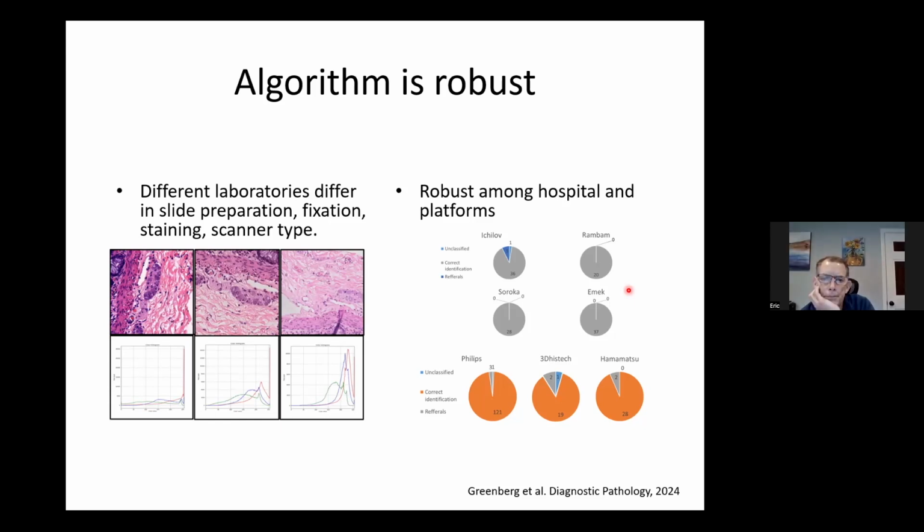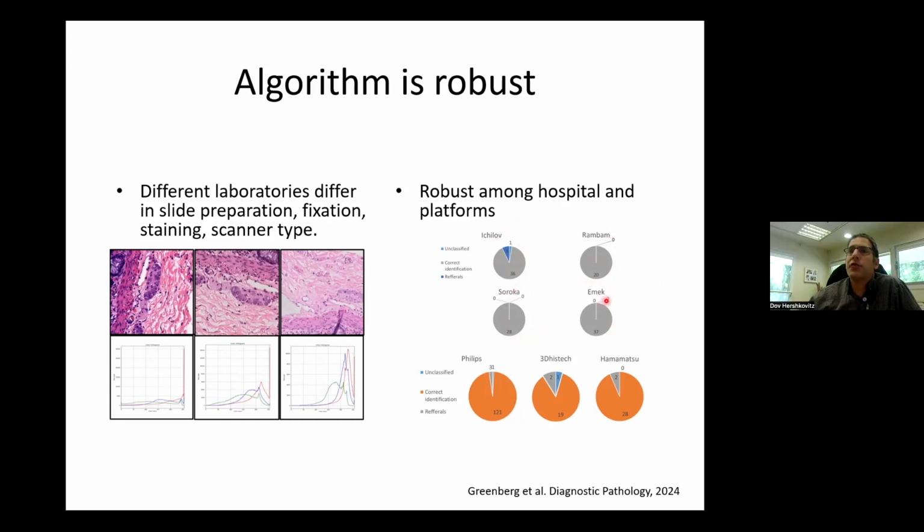Makes sense. And as you can see, in the different hospitals, in most cases, even the non-expert pathologist was able to make the accurate diagnosis. In some cases, they had to refer the case. So the gray circles are the names of individual pathologists, is that correct? Or no, those are medical centers?